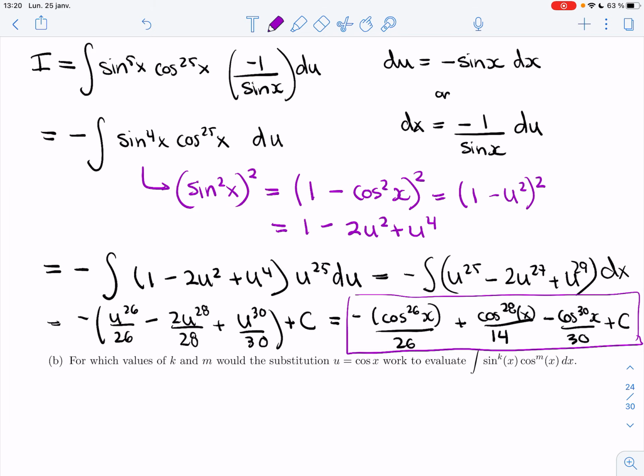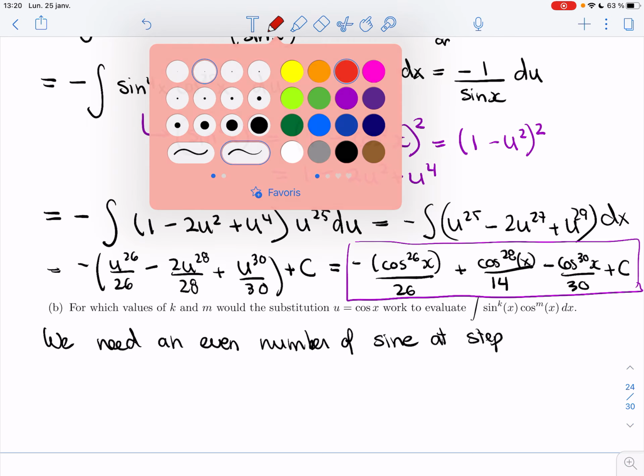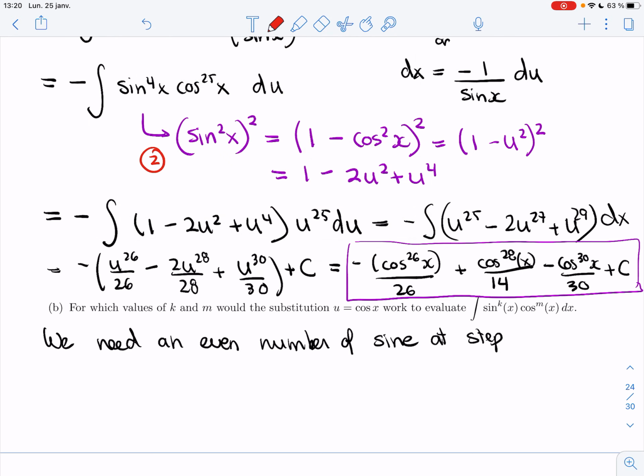And so for this to work, we need an even number of sine at step, let's call it step 2.